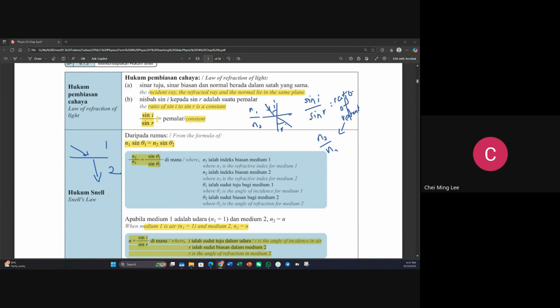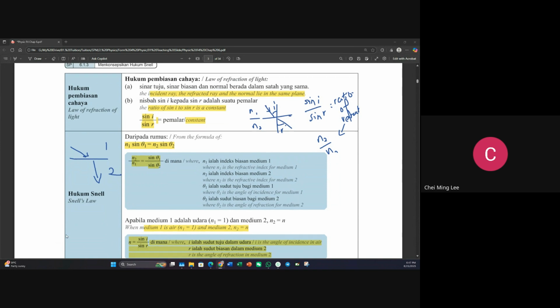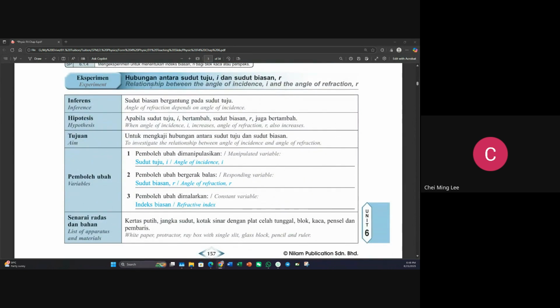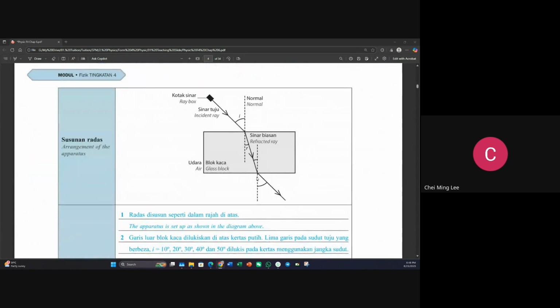Okay, so let's continue. So let's see the experiment about the relationship between i and r. The hypothesis is when i increases, r normally will increase. So what you need is a white paper, a ray box, and a glass block, where inside here you need to draw the normal line.